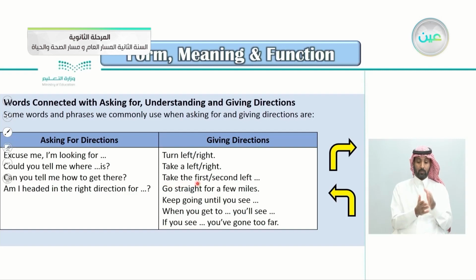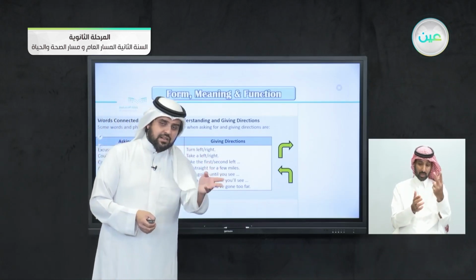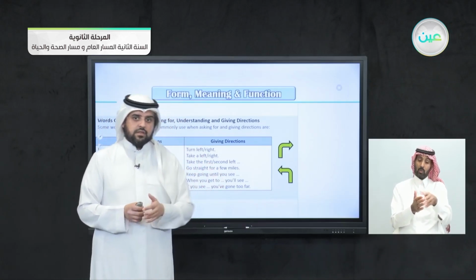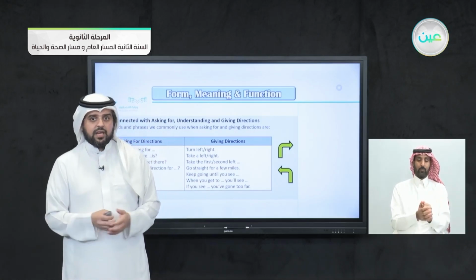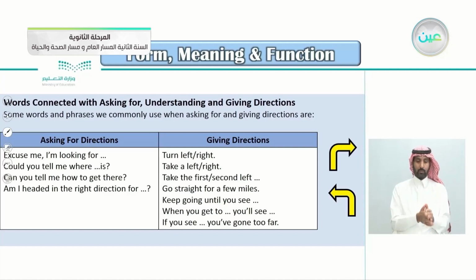Take the first, second left. So you can say go straight, then take the second left or the third left, and so on. The second right, so not the first one, the second one. So you can say take the first or second left or right.